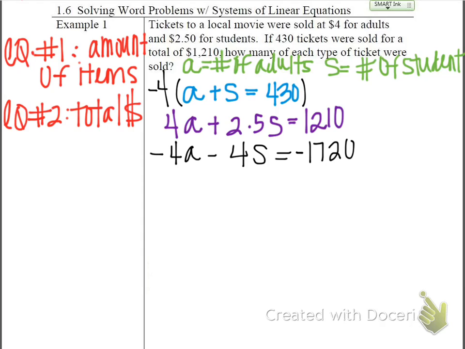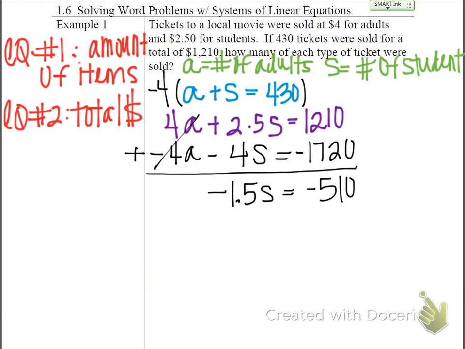Okay, so then we're going to add straight down. -4A plus 4A cancels. 2.5S minus 4S gives me negative 1.5S equals negative 510. And then divide both sides by negative 1.5.